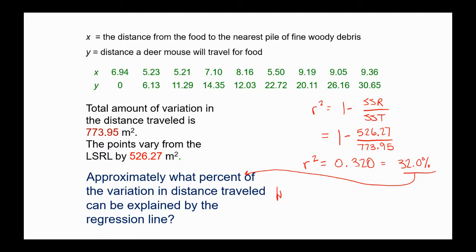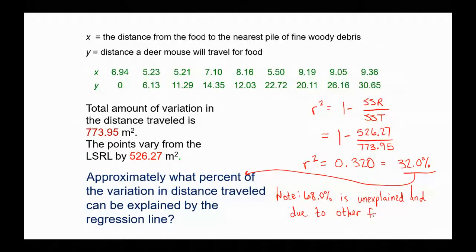So I'm going to just add a little note here: 68% is unexplained and due to other factors.